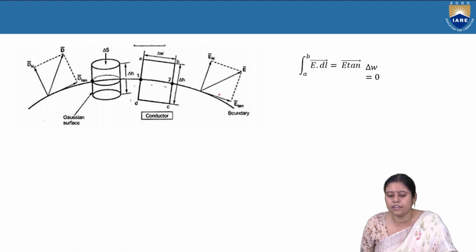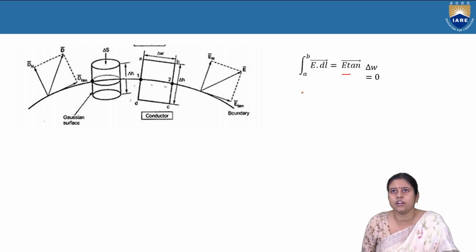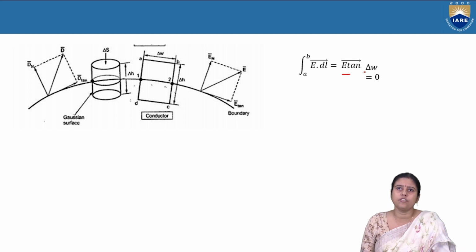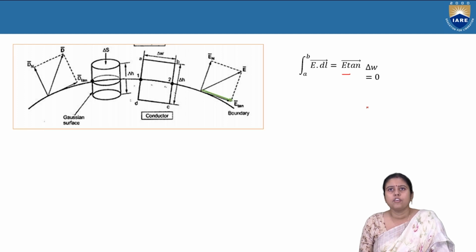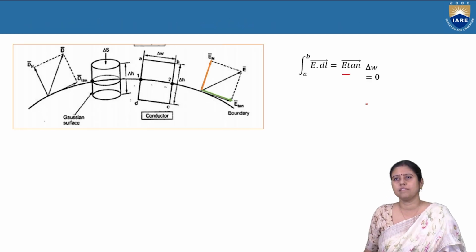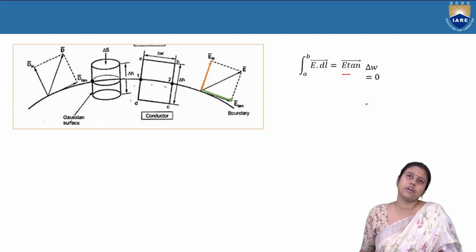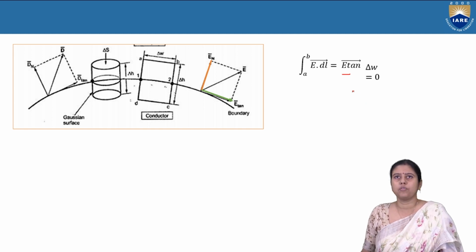If we think about this, E dot dl, AB is parallel to the tangential component, so we can write E tan, and the width is W, so E dot dl is equal to E tan into delta W is equal to 0. So this is the main equation for continuity.